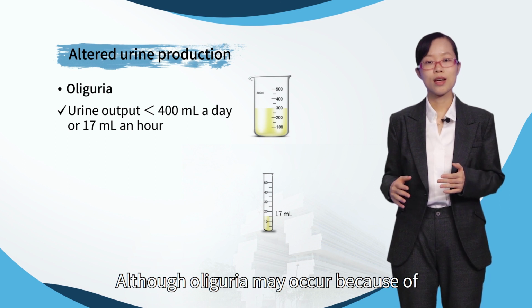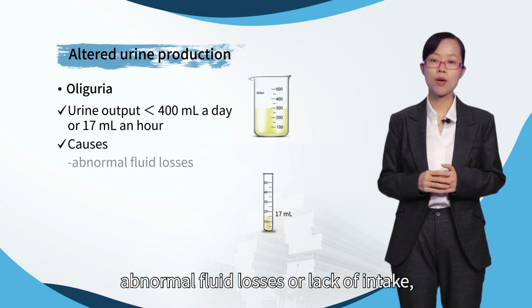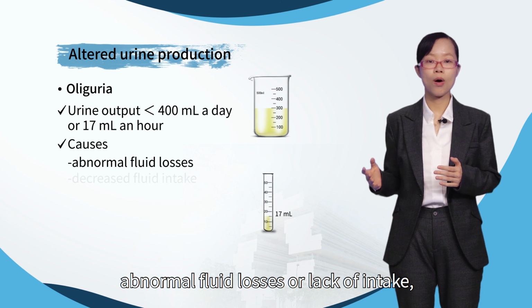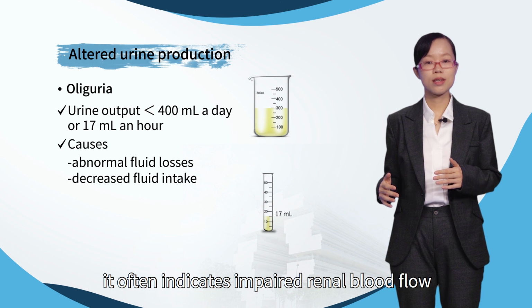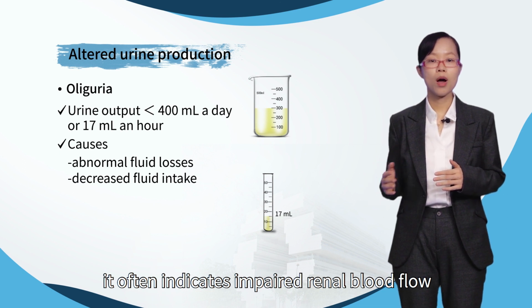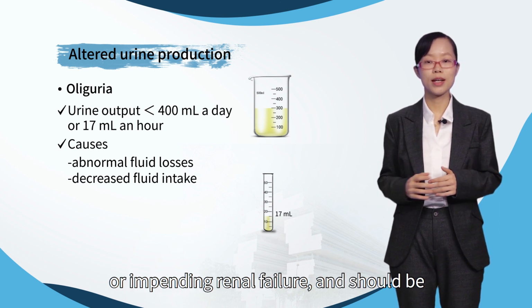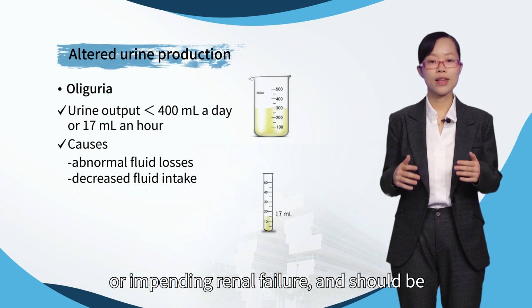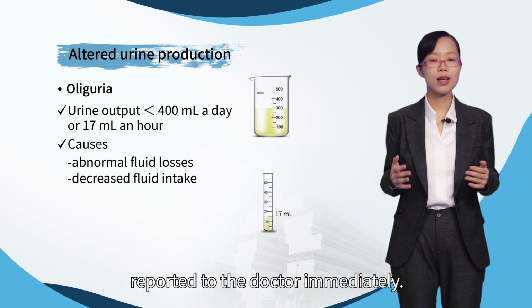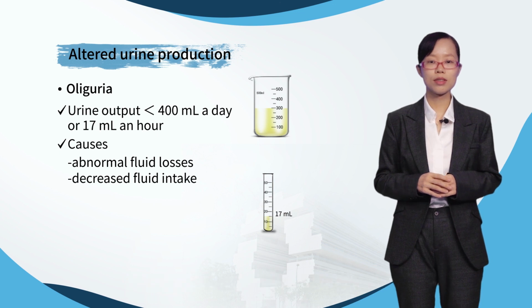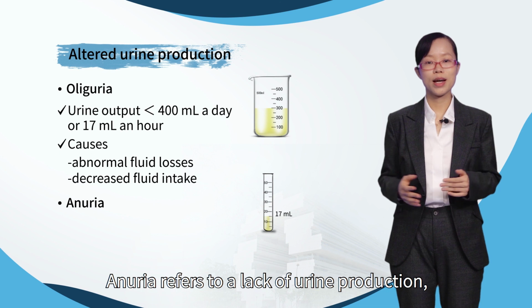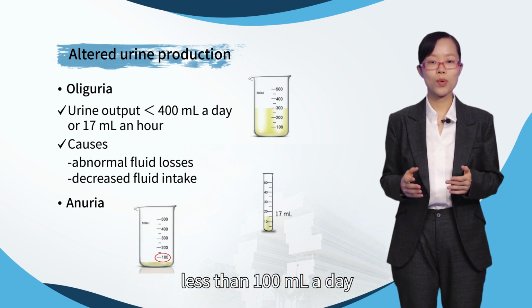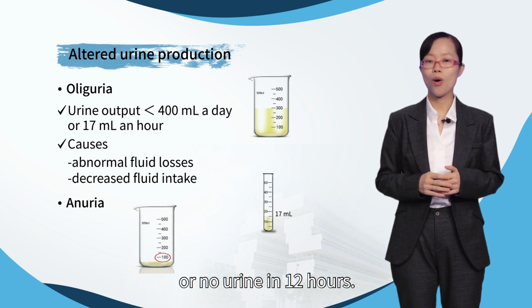Although oliguria may occur because of abnormal fluid losses or lack of intake, it often indicates impaired renal blood flow or impending renal failure, and should be reported to the doctor immediately. Anuria refers to a lack of urine production, less than 100 milliliters a day or no urine in 12 hours.